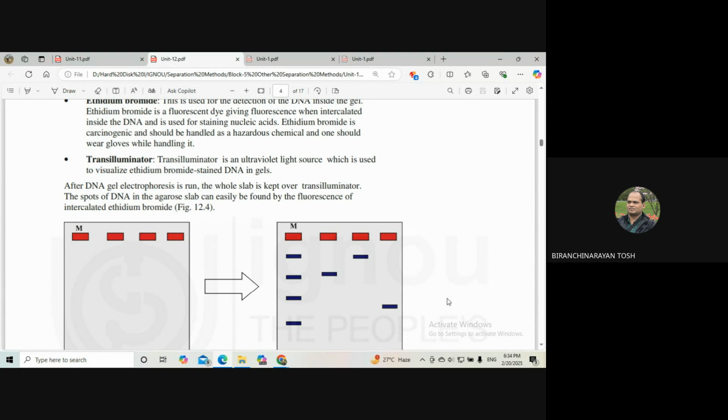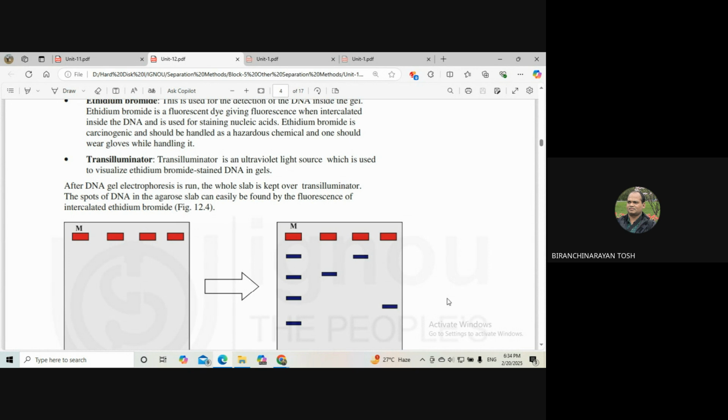Then electrophoresis buffer. The buffer which is used for DNA gel electrophoresis is usually Tris acetate EDTA or Tris borate EDTA. Then the loading buffer. This buffer is important not only for loading of the sample in the wells of the DNA gel but also to impart a color for the tracking of the sample.